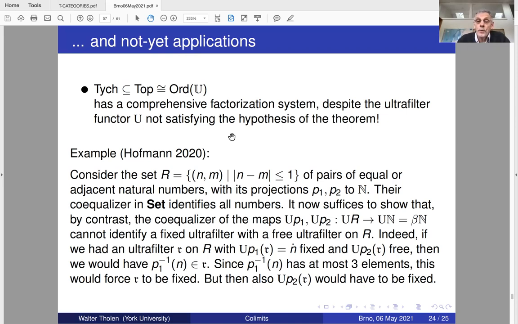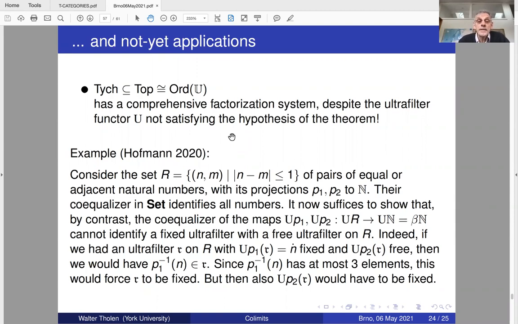The set of ultrafilters on a one-point set is a one-point set. However, if you take the images under the ultrafilter functor of the two projections, then you realize their coequalizer cannot be just one point because it will never identify a fixed ultrafilter with a free ultrafilter.